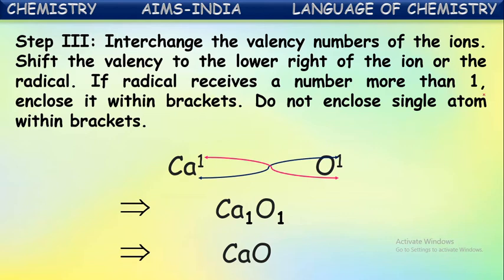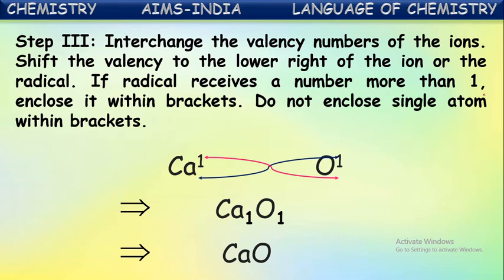What have we done in writing the formula? First we wrote the positive ion or radical, simply called the cation. Radicals are also ions, but containing more than one atom. The charged particles with more than one atom are generally called radicals. So either ions or radicals come under cations and anions. In writing the molecular formula of a compound, first we write the cation or positive ion followed by the negative ion.